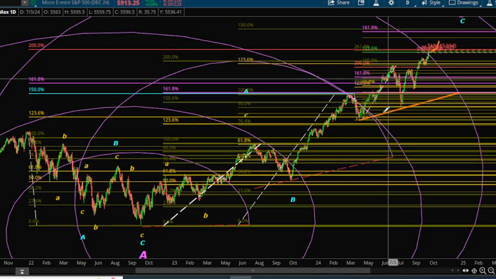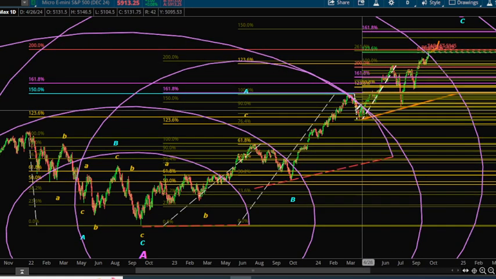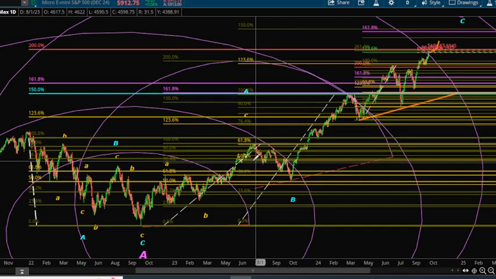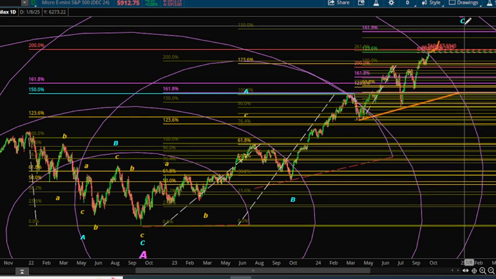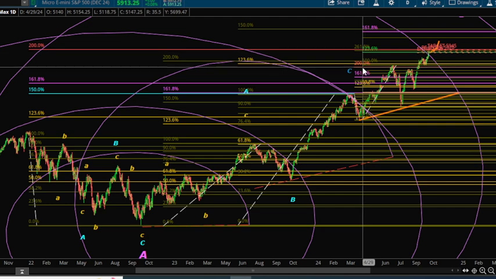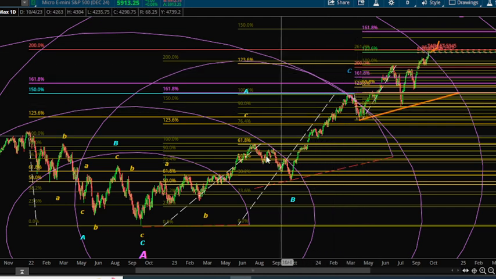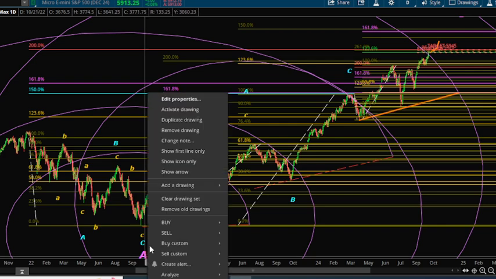And I think I labeled this as an ABCD pattern a while back. So I'm not saying that's what it is, but it's kind of looking that way because if I had to label this, it would be this one here. See, and then bigger. Let's do this.